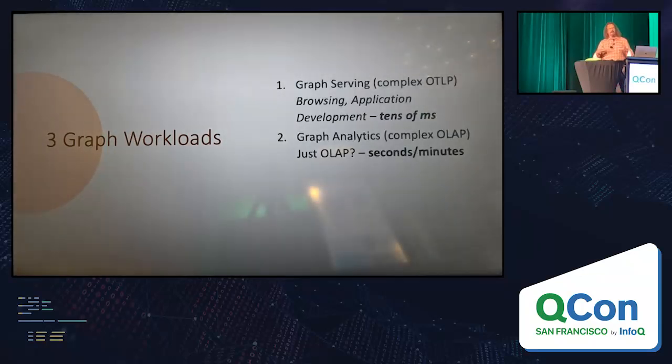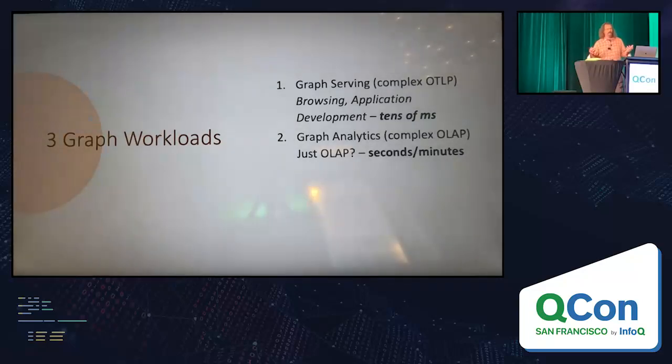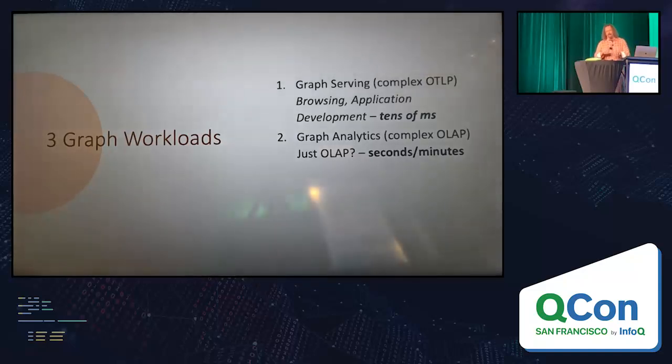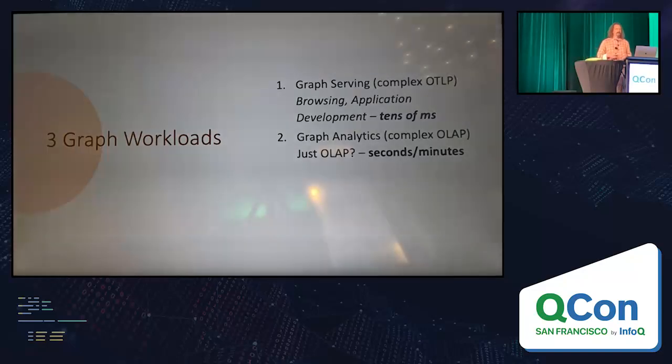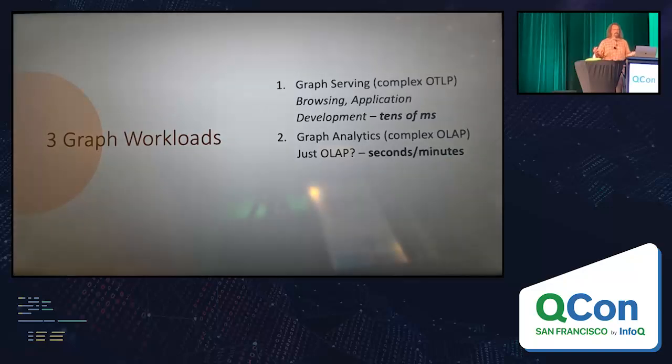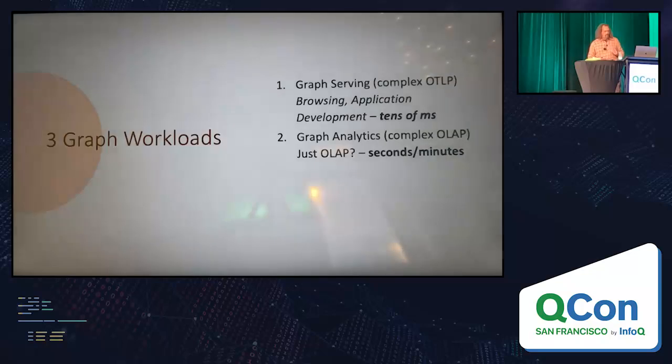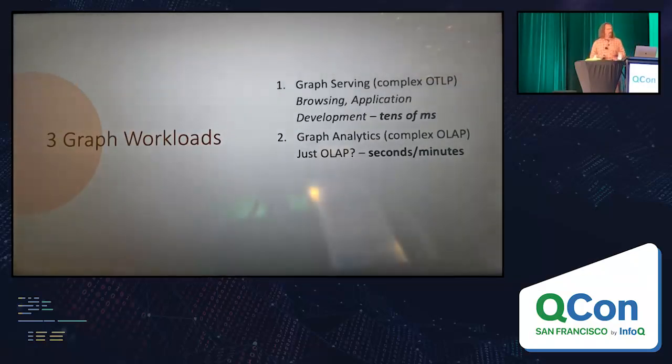Now, you can also do graph analytics. Database people would just say complex OLAP or maybe just OLAP, where like you have an analyst typing in a query and they're happy to wait for a few minutes, or maybe they're running a dashboard, and it runs once an hour and comes up with a graph for somebody to look at.